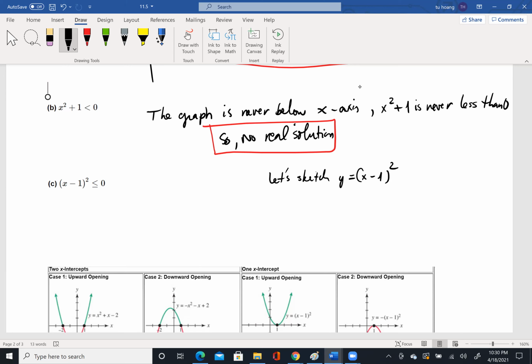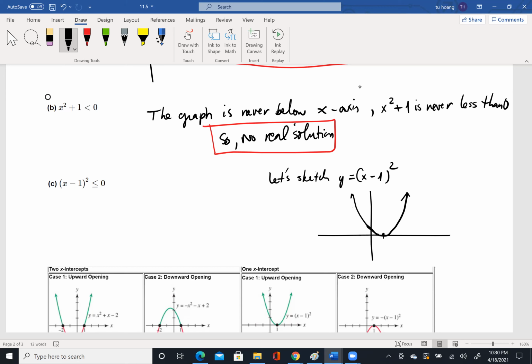So we have x squared moved to the right, so here and then right and then right. So you can see that the graph is also going up and never below the x-axis, never goes below the x-axis.